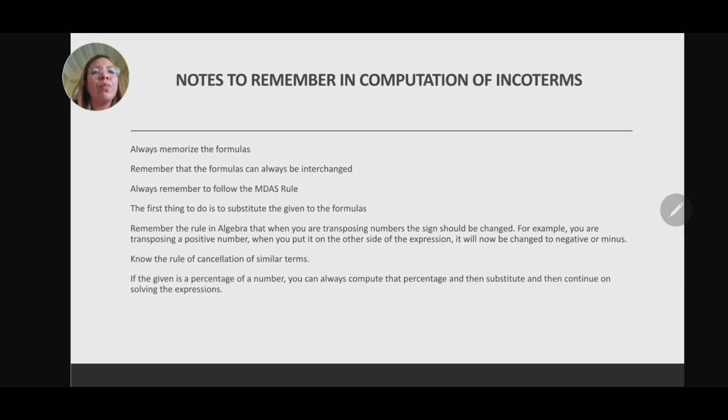And then always remember the rule in algebra that when you are transposing numbers, the sign should be changed. Okay, so for example, you are transposing a positive number. When you put it on the other side of the expression, it would now be changed to a negative or a minus. Okay, you should know the rules of cancellation of similar terms. And lastly, if the given is a percentage of a number, you can always compute that percentage and then substitute and then continue on solving your expression.